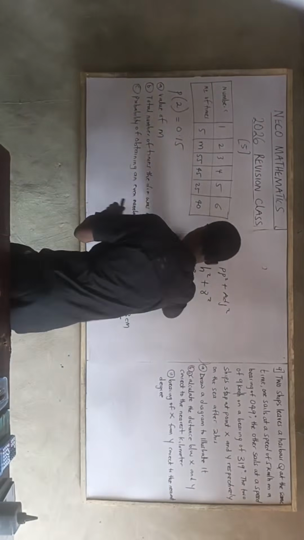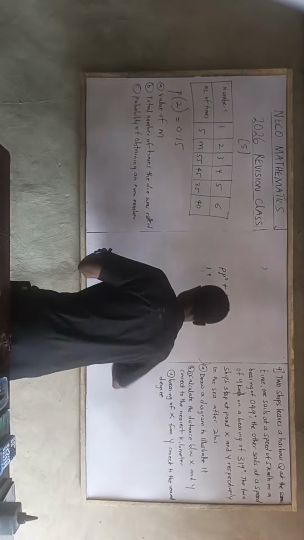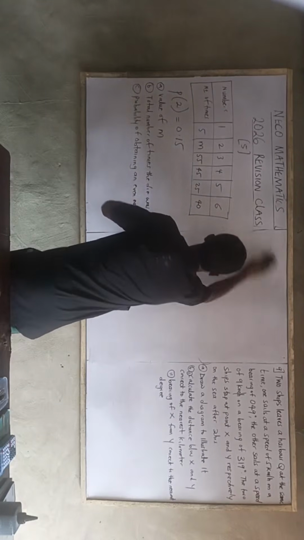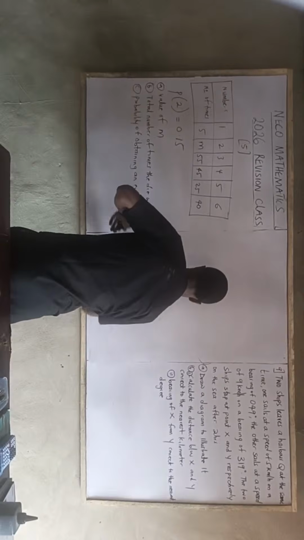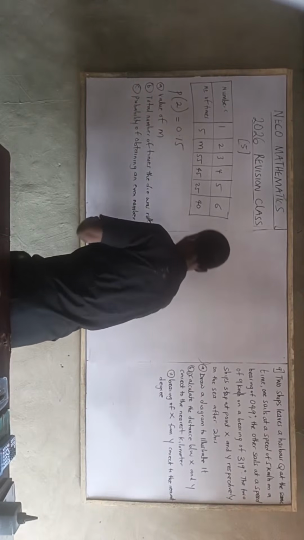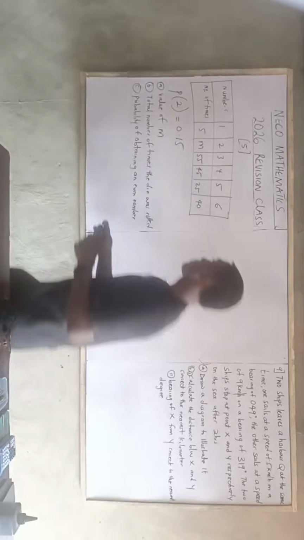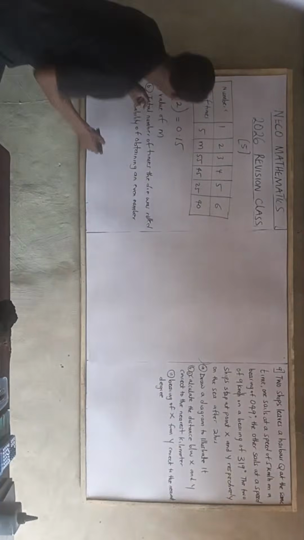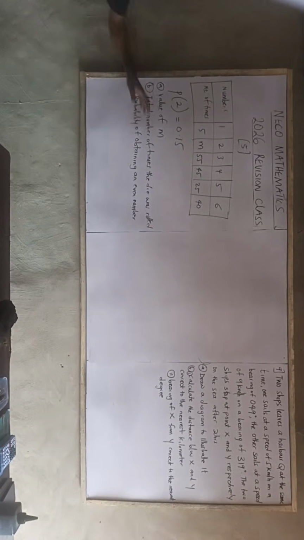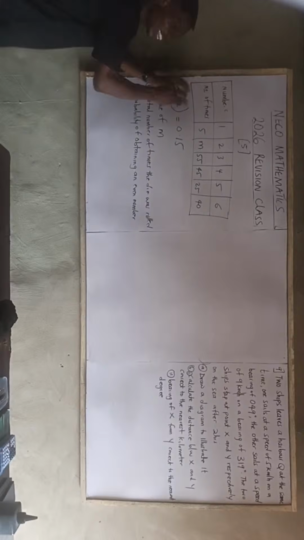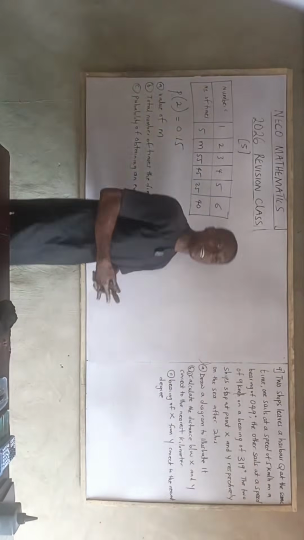So let me get this off while we solve. Thank you, Holy Spirit. All right, so here, the next question is the value of m. Now, this is a question not on statistics, but on probability.